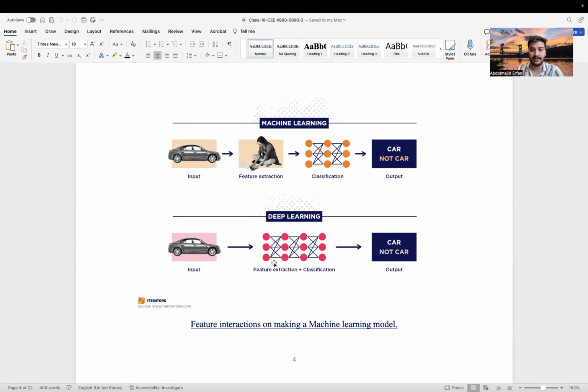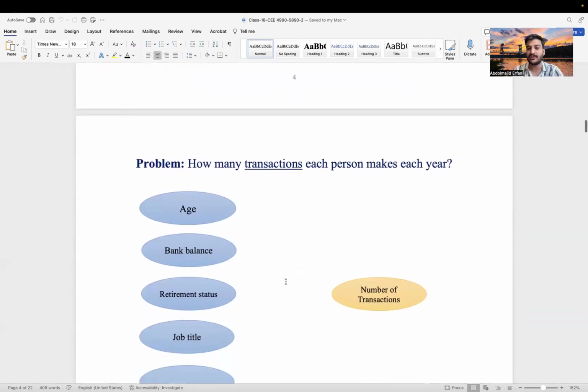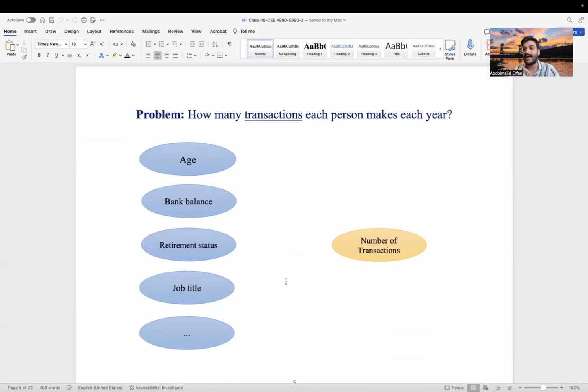And you remember that the challenge machine learning models have is that they cannot understand the interaction between the features very well. That's why we have deep learning, and that's why we have the neural network. The major goal is to understand how these different features could interact and capture that interaction.